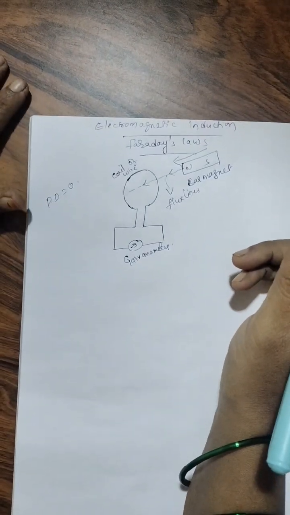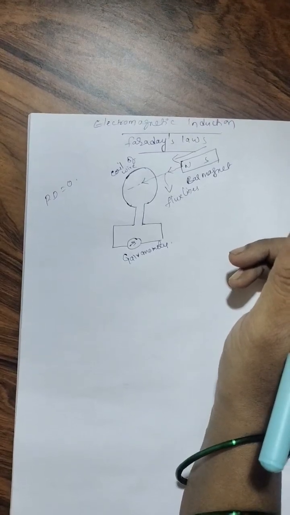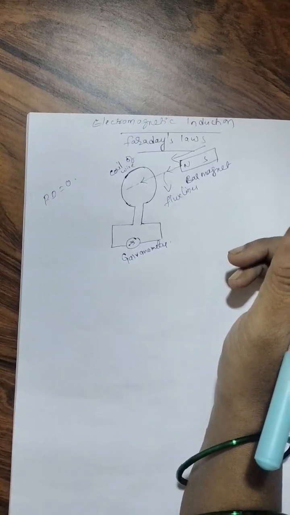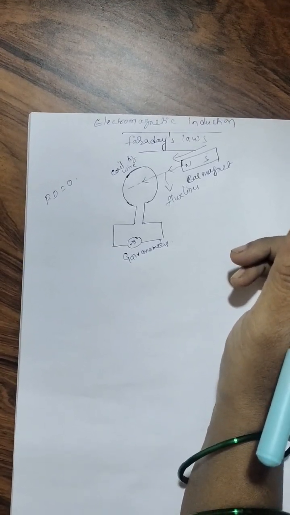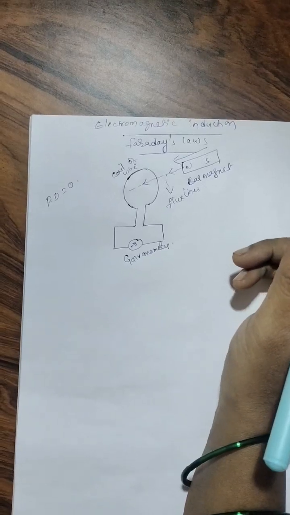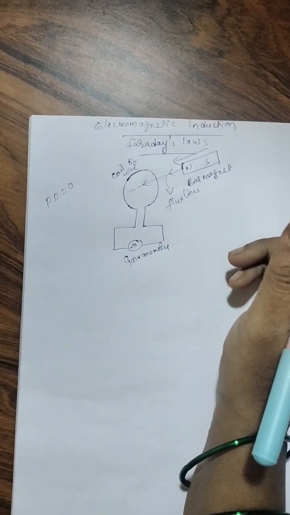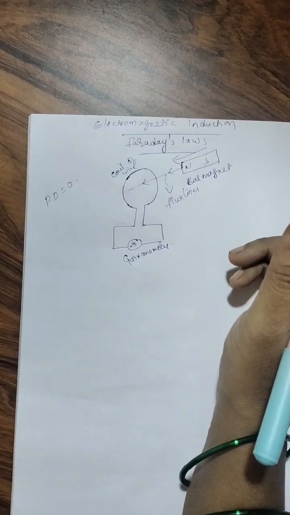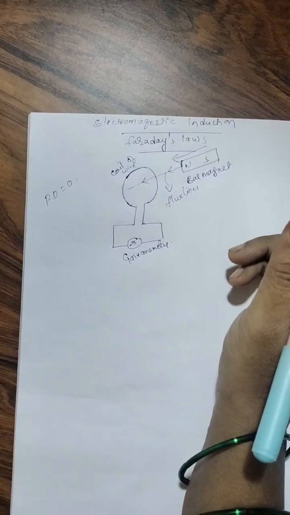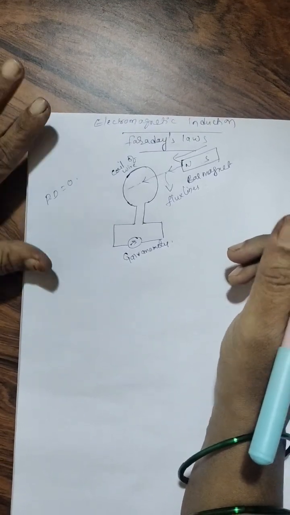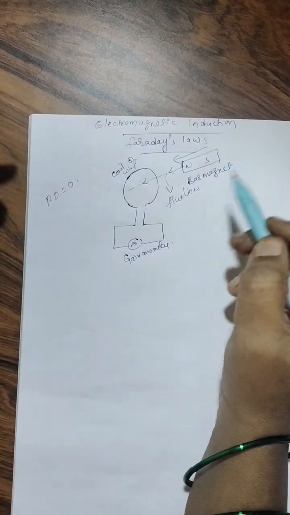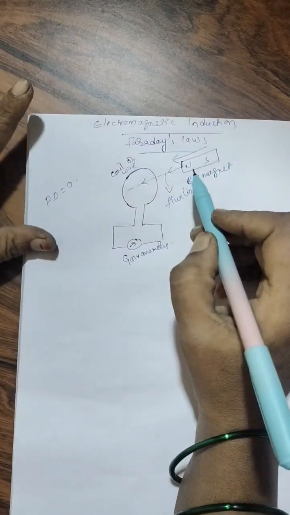In last videos, we discussed that a magnetic field is composed of magnetic flux lines. Flux lines means the imaginary lines drawn along the path of a unit north pole in the magnetic field.